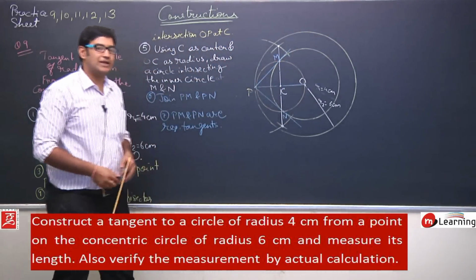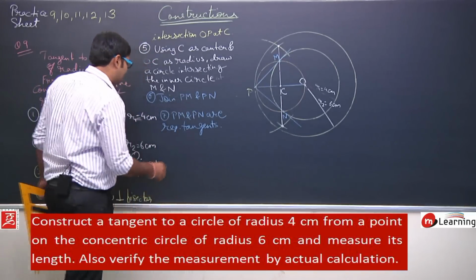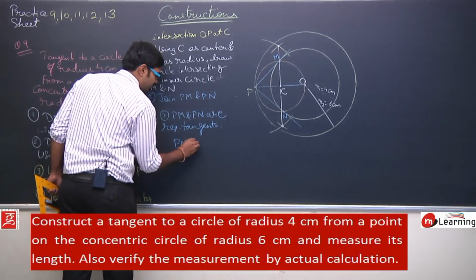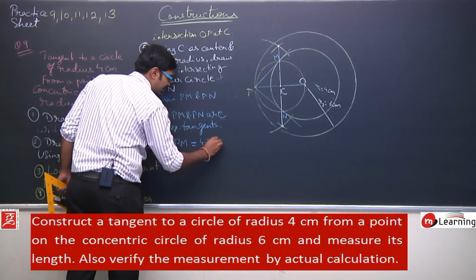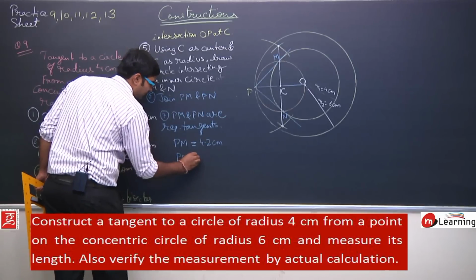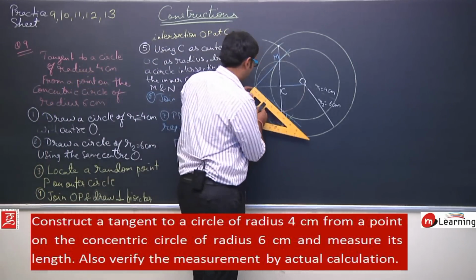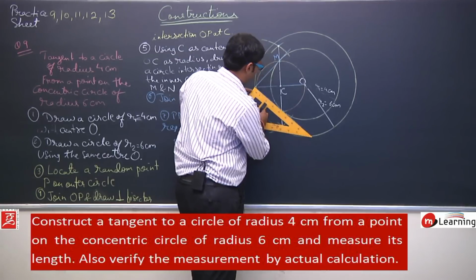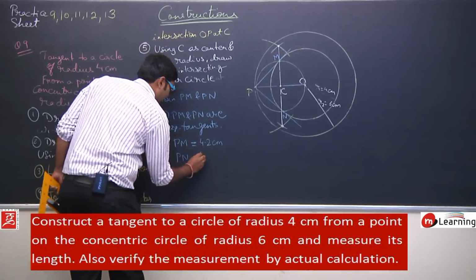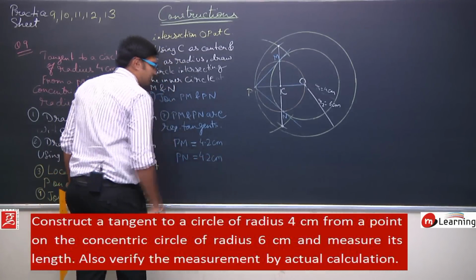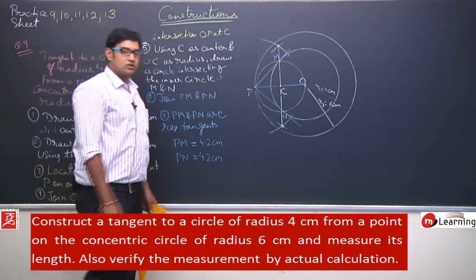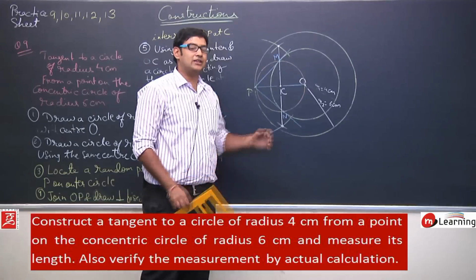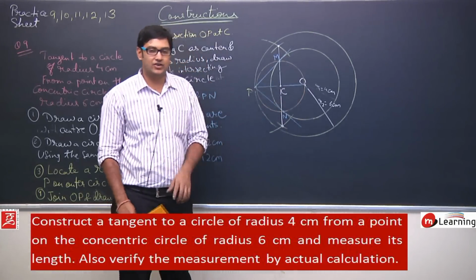If you measure this length, PM will approximately come out to be 4.2 centimeters, and PN, if you measure PN, it will also come out to be around 4.2 centimeters. These are the lengths which we have calculated. Now what should be the length theoretically? So how to calculate the length theoretically?